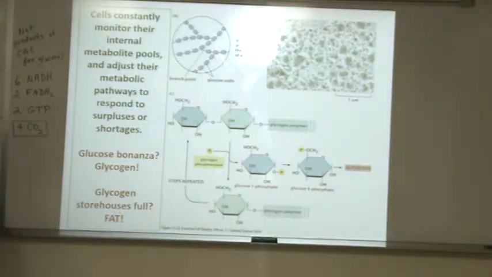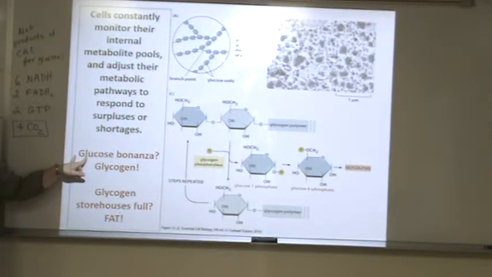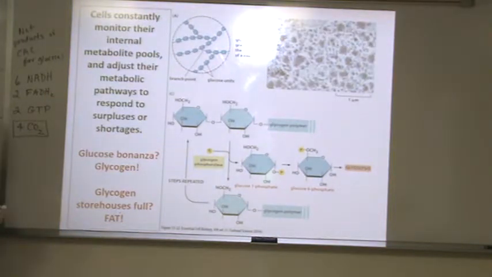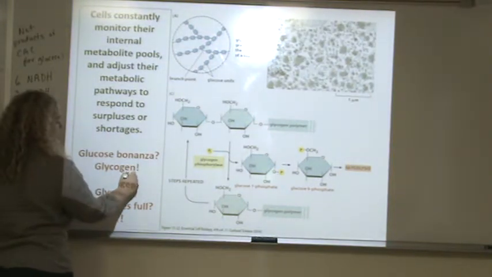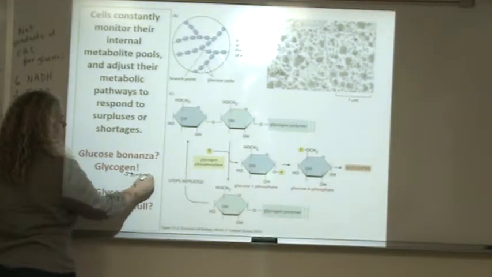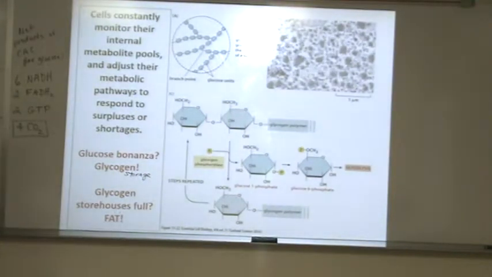If organisms detect that they have a lot of glucose, like really a lot, they will do something smart and store it as glycogen. Where do we store glycogen? The liver, and then skeletal muscle.